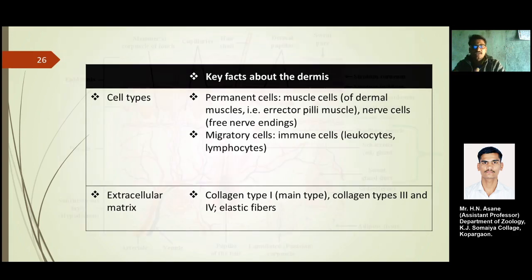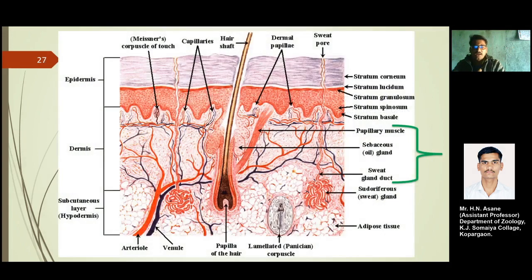So in this picture, this is the diagram of the TS of skin, and as you can see, we have seen the dermis region on your left-hand side. There are clear demarcations of the epidermis, dermis, and the subcutaneous layer, that means the hypodermis.